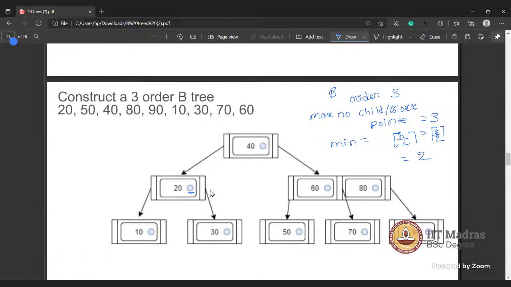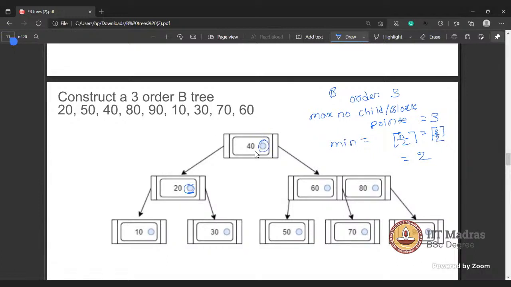Yes, sir. These pointers are pointing to the ID, the primary key, the address actually. The primary key, like that. So see, in B tree, this is a record pointer, right? Yes, sir.